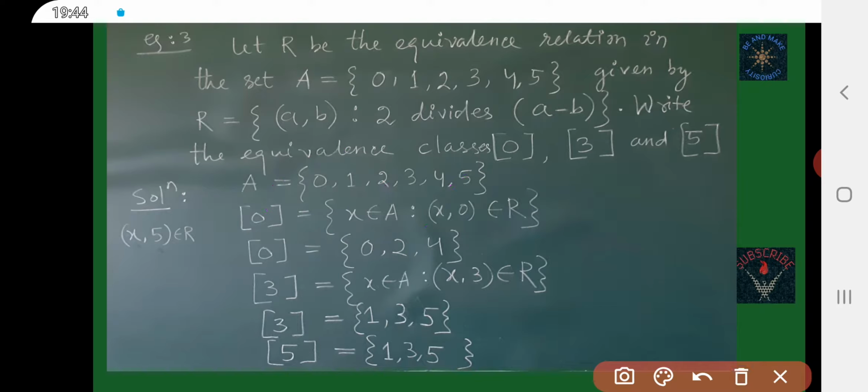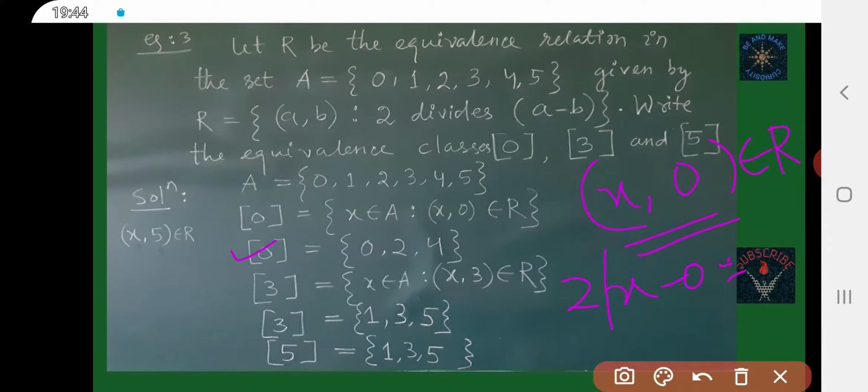So now you see (x, 0), this ordered pair belongs to R. It means if you subtract x minus 0, then we can divide by 2.